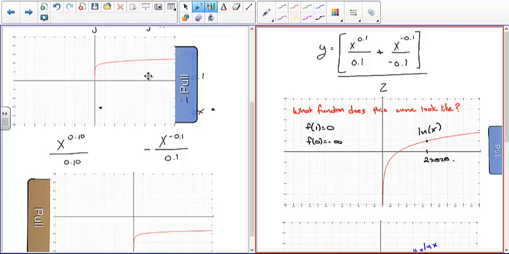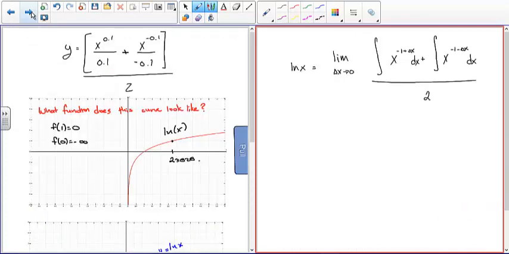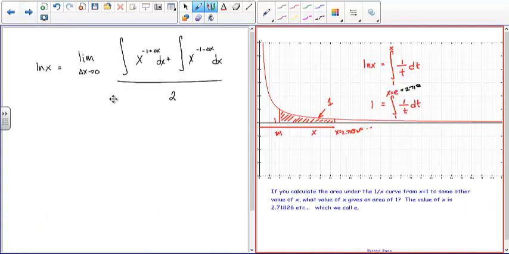The other way of doing it is the way the book does it. They look at the area underneath the curve from x equals 1 to some value of x. And they say, hey, I'm going to define that area as the natural log of x. So it's like you never took pre-calculus. In pre-calculus, they introduced the exponential function.